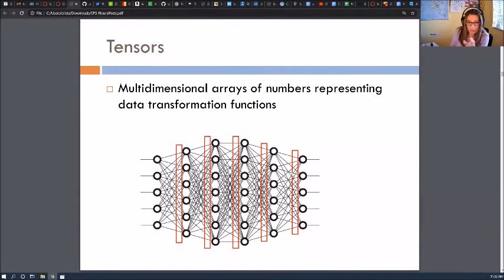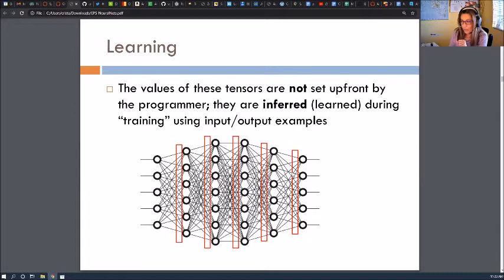Also back in the 40s, people started realizing that when you have these functions, they have an interesting property: given examples of input and output, you can derive what the right values of these weights should be.